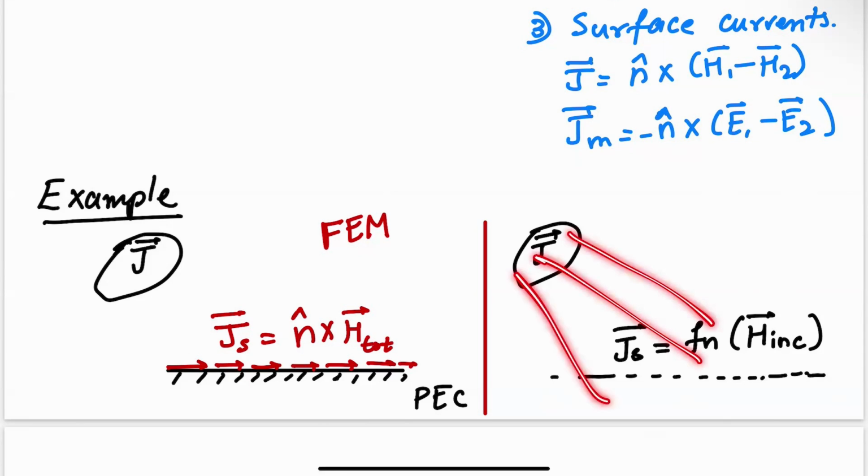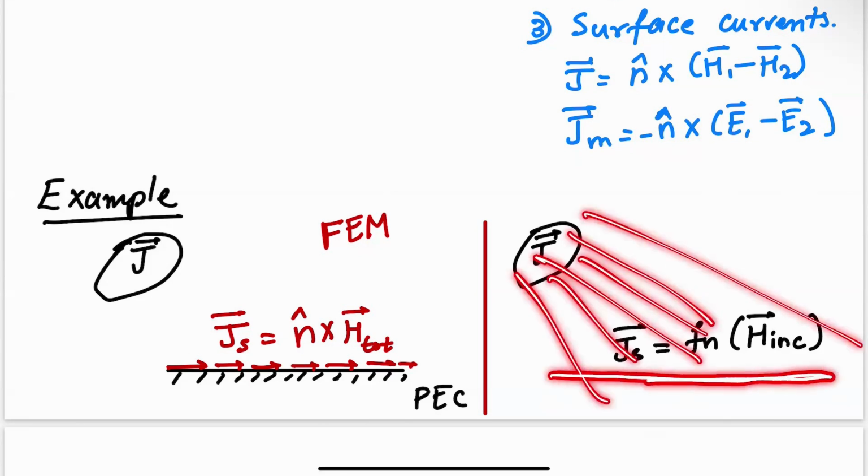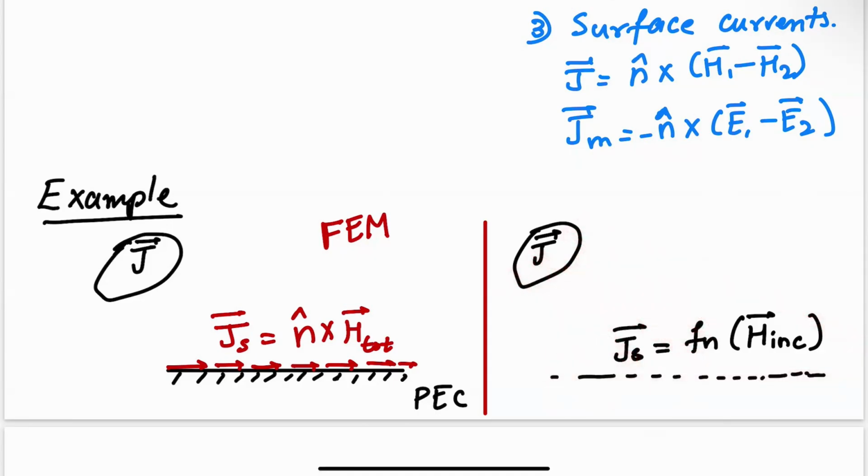This as if it was free space. So then you find what that incident field is on the surface, and we will show that for certain simple geometries at least, or some simplified geometries, you can approximate this current distribution on the surface of this PEC, let's actually say this was PEC, as a function of just the incident field.